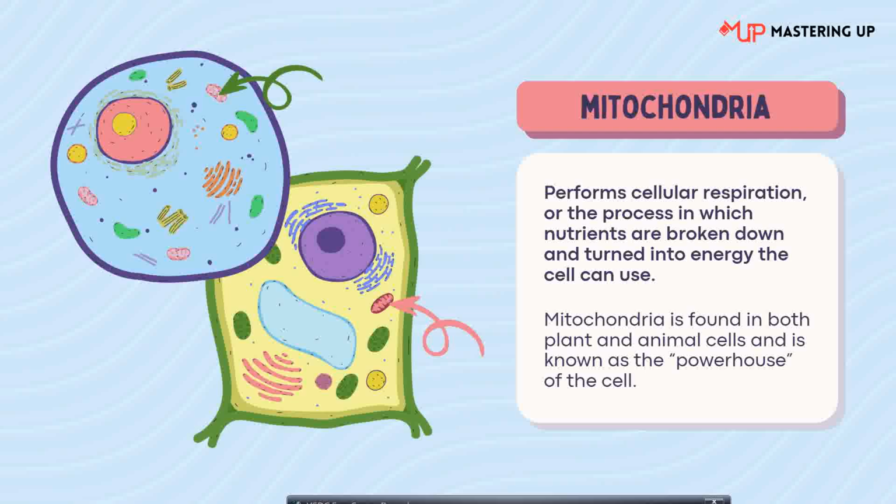Now mitochondria. From the diagram you can see mitochondria is present in both plant and animal cells. It performs cellular respiration, the process in which nutrients are broken down and turned into energy the cell can use. Okay, so mitochondria is known as the powerhouse of the cell. During the respiration process, food is converted into energy. It was discussed in the first class, I think.